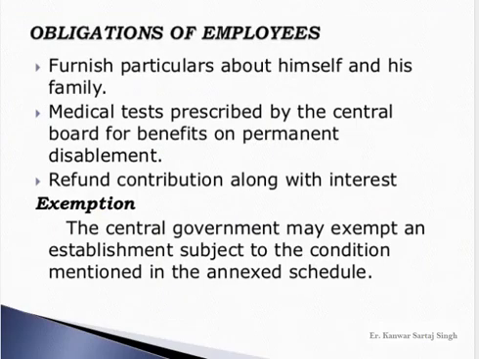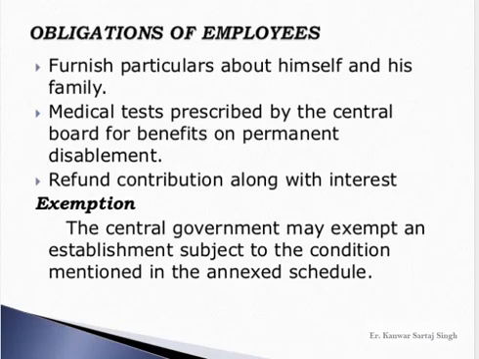Now, obligations for employees. Furnish particulars about himself and his family. It is very important for employees to furnish all the paperwork and all the particulars regarding himself and his family. All the details should be mentioned so that it becomes easier for employers to provide them the benefits of these schemes. Then second is medical tests prescribed by the Central Board on permanent disablement.